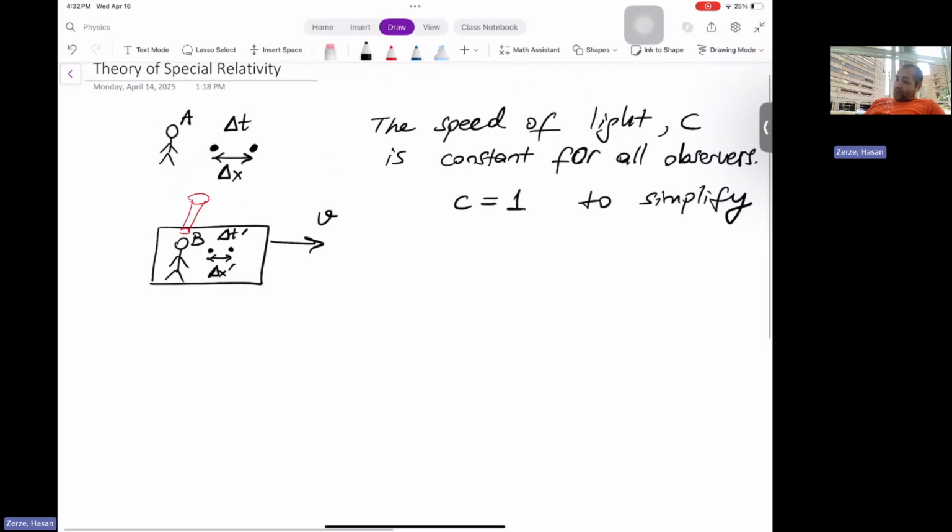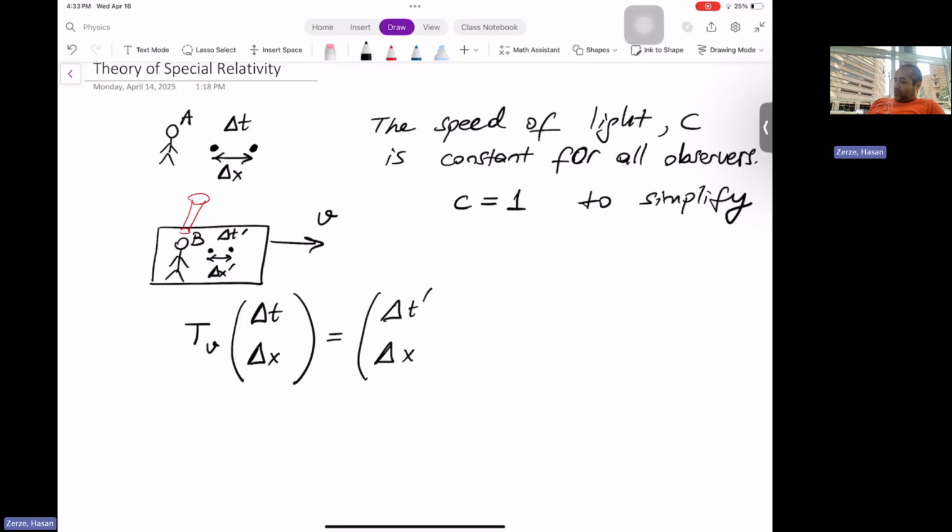And let's assume that there is a transformation, a matrix transformation that will make this calculation possible. Suppose that the transformation from delta t, delta x to delta t prime, delta x prime is a linear transformation, and suppose that there's a matrix T_V that will do the job, and our purpose is to find out what that matrix is.